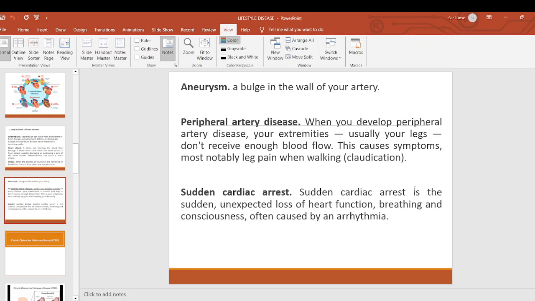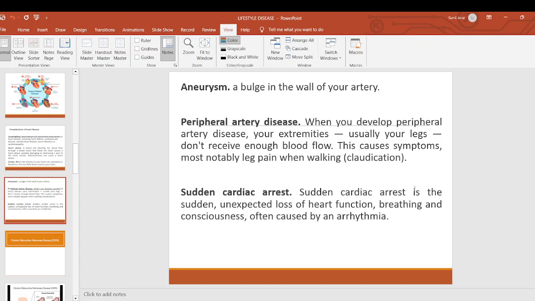Then peripheral arterial disease. When you develop peripheral arterial disease, your extremities, meaning your hands or legs, won't receive enough blood. For example, if you go to the Arctic region and you are walking without properly insulated clothes or shoes, in such extreme climate your legs may not receive enough blood.